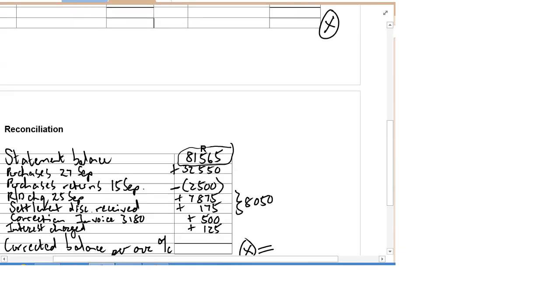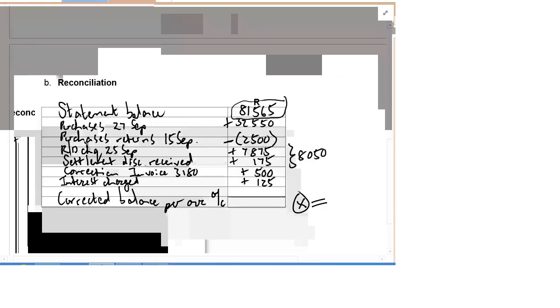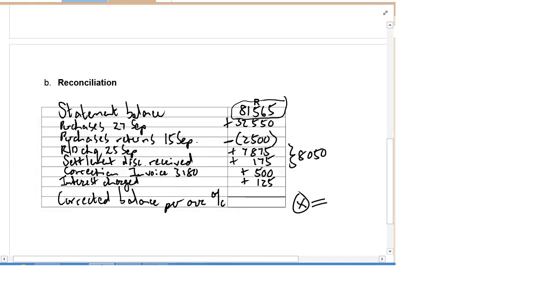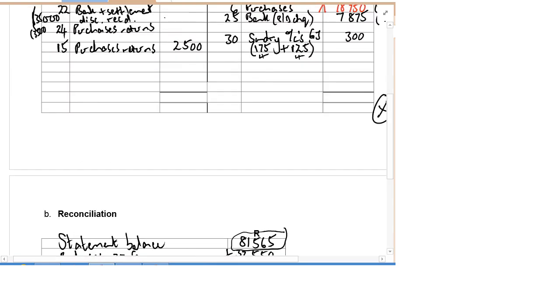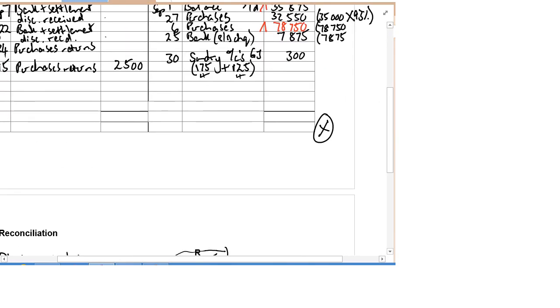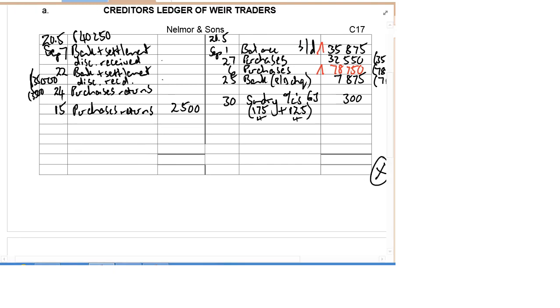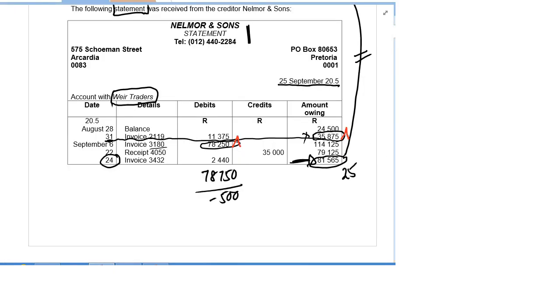They only showed 78,250, so we had to add another 500 to what we owe them because they had shown 500 Rand too little for that. So that 500 they subtracted from the 78,750, which is why they only had 78,250.